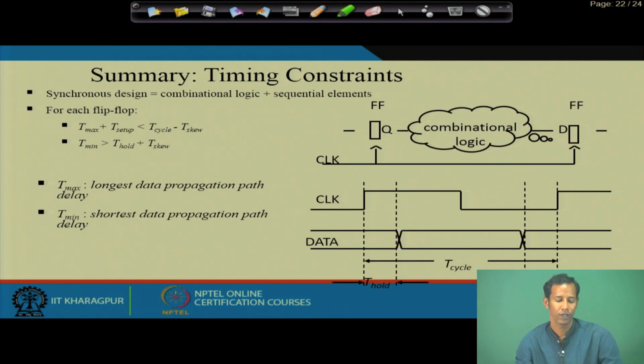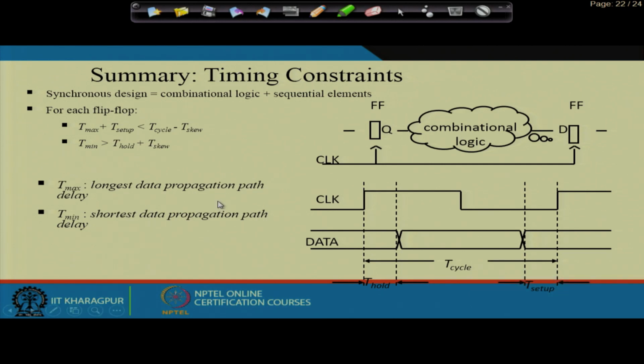Here T max is the longest data propagation path delay, and T min is the shortest data propagation path delay. In this picture we have two registers with combinational logic in between, and both flip flops are driven by the same clock.